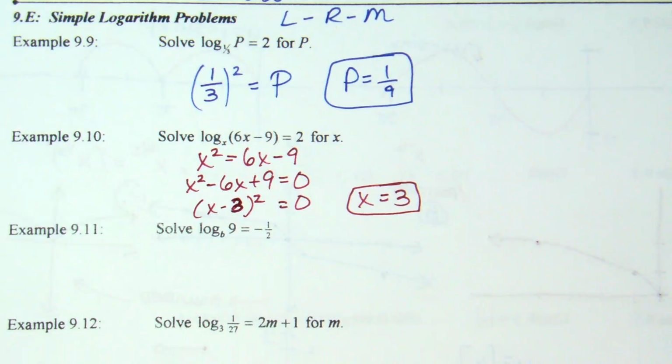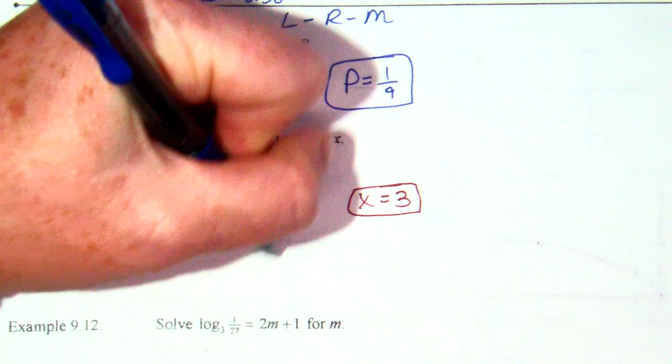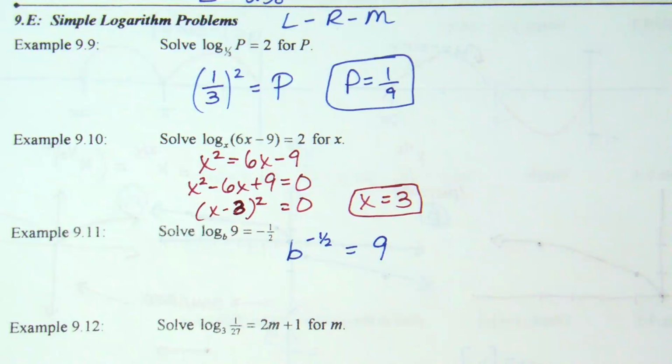Okay, example 11. Log base b of 9 equals negative 1/2. What's my left, right, middle say? B to the negative 1/2 equals 9. Here's my suggestion since we're running out of time.